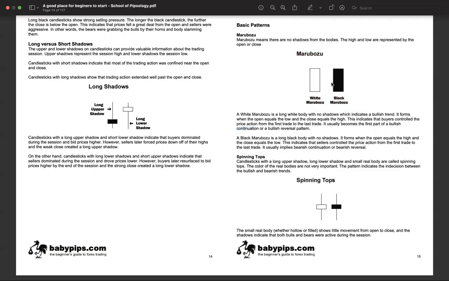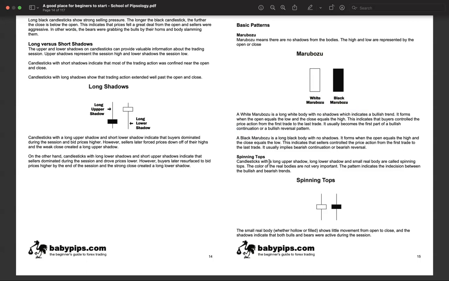Usually this is how a marubozu looks like. I'll repeat that again. It's like that, or it will have small ticks, just small ticks at the end. Okay, yes, so that is what a marubozu in short means.